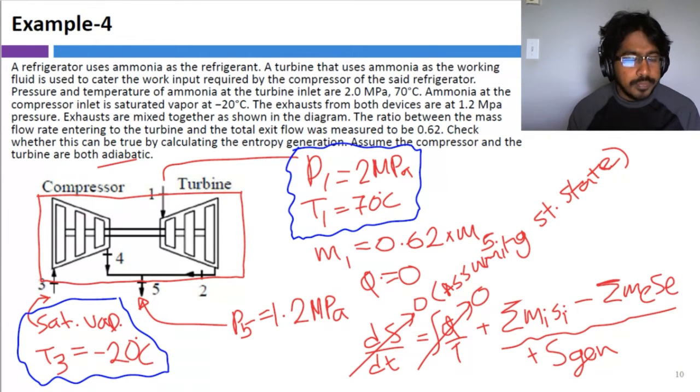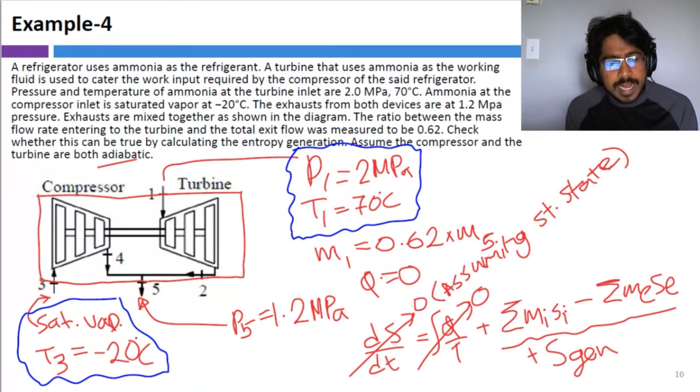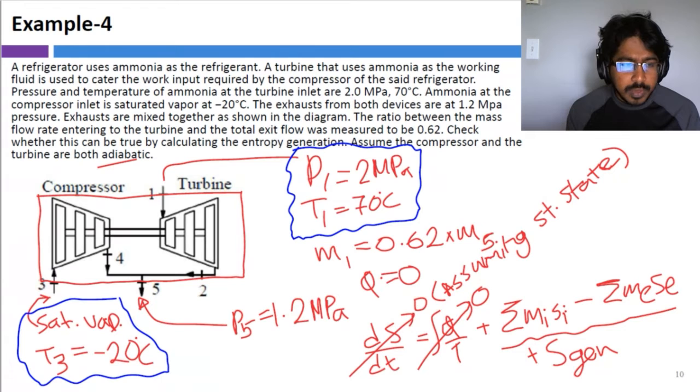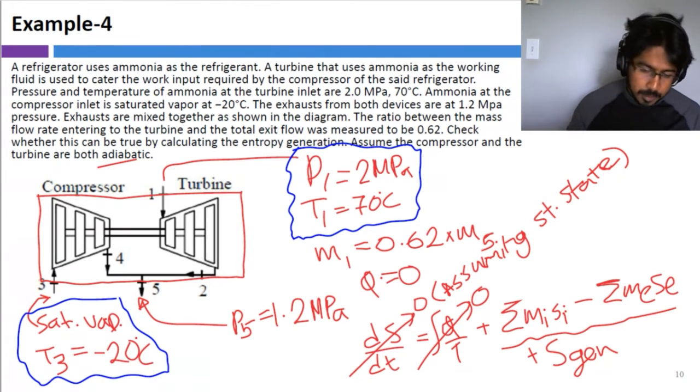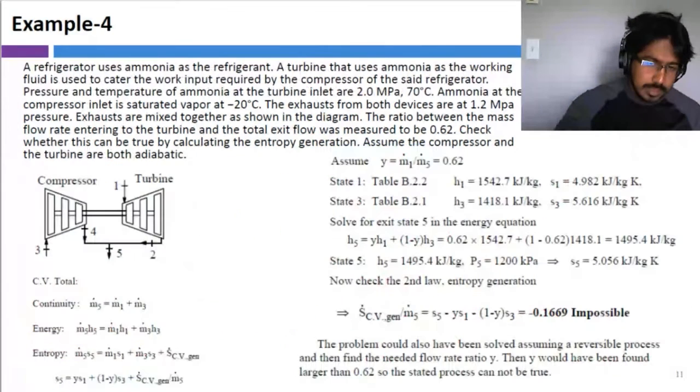So what other relationships can we use in addition to this? We can use the first law. Excellent. So we can use the first law, and then we can find a relationship between states 1, 3, and 5. Okay, let's look into the solution altogether.